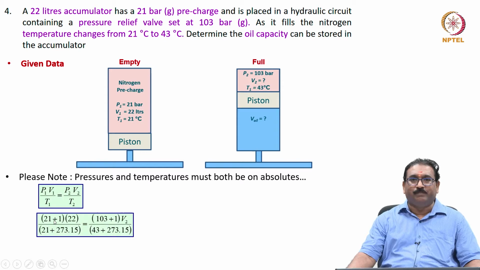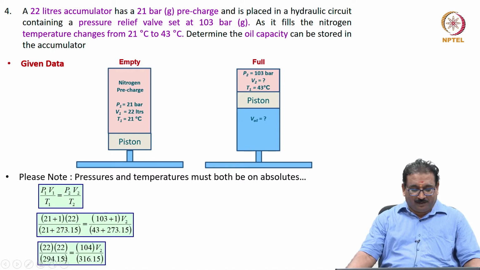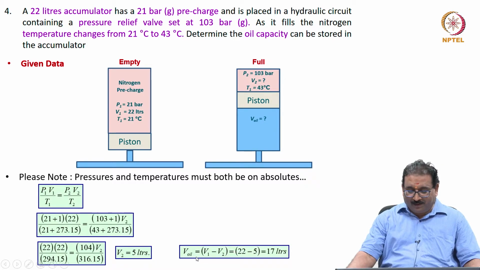Substitute the values in absolute values, meaning P1 is 21 plus 1, and to convert the temperature from degrees centigrade to absolute values, we have to add 273.15. Afterward, we will calculate V2 equal to 5 liters. Then the V oil equal to V1 minus V2 is 17 liters.